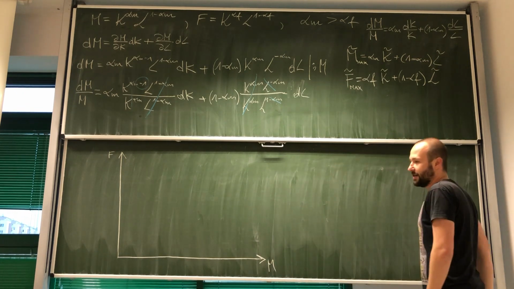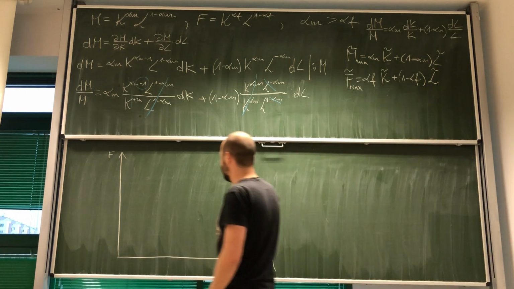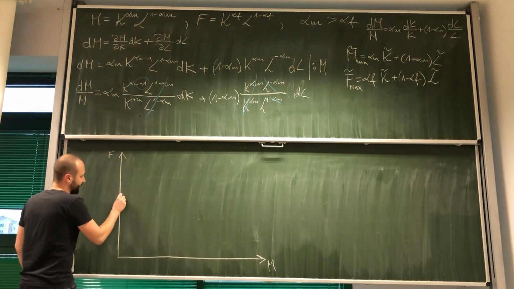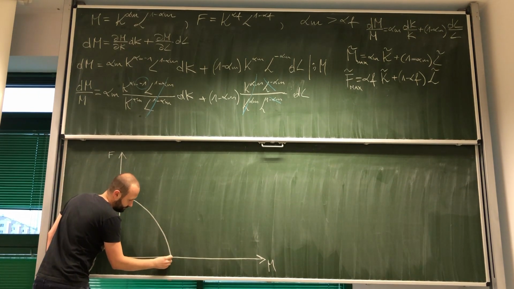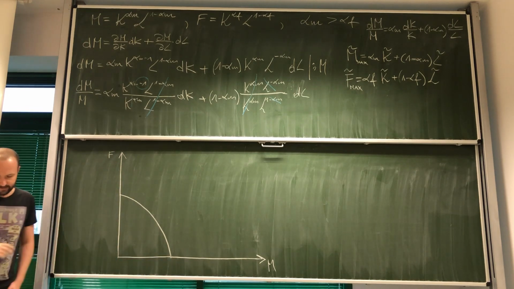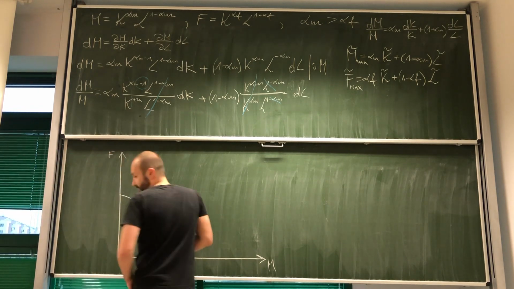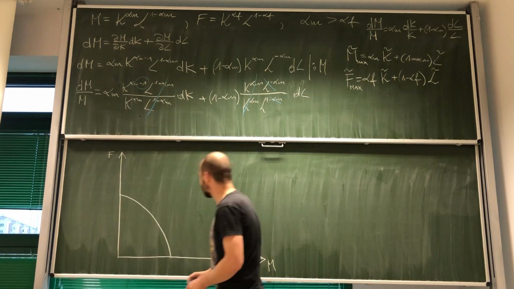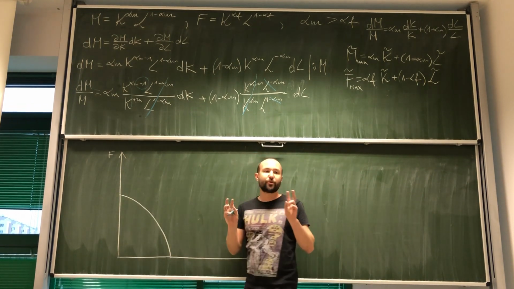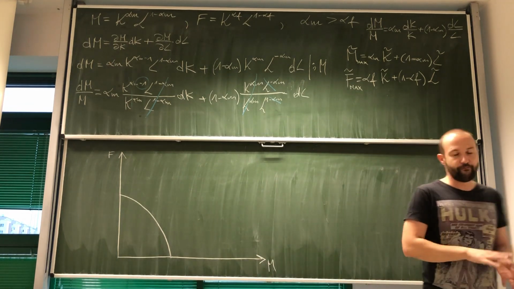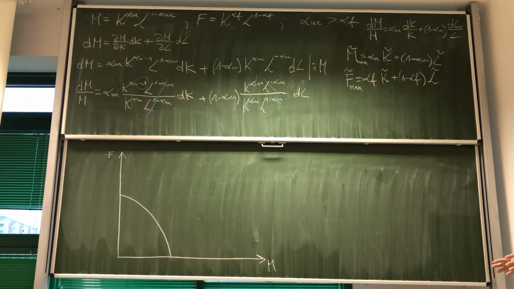Okay, and let's just say that at the very beginning, production possibility frontier looks like that. Okay, so now let's just say that we know the prices of manufacturers and food.